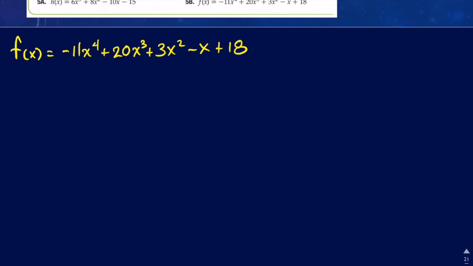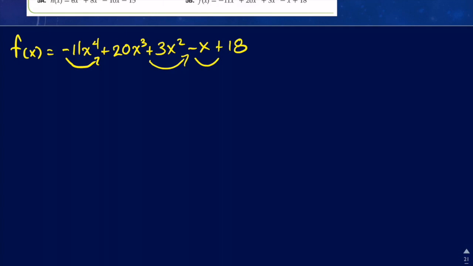Here's 5b. We have f of x is equal to negative 11x to the fourth. Let's go ahead and just do this one. Right away, this has a sign change right here. This is just looking at f of x. There's a sign change, then not a sign change, then a sign change, because it goes from positive to negative, and then straight back from negative to positive. Here's a case where we have 3 sign changes.